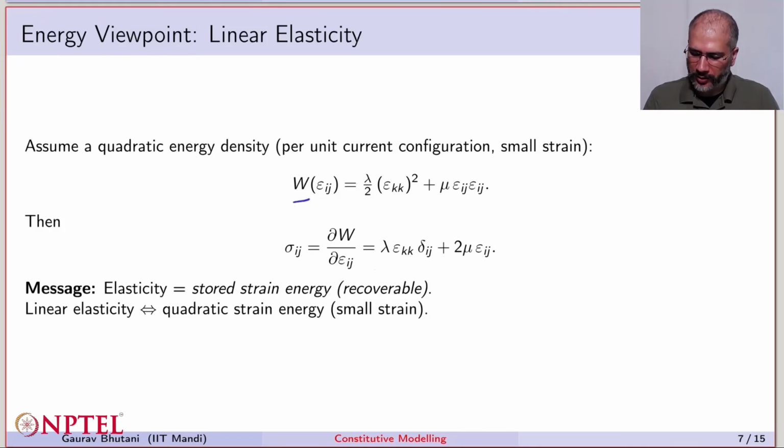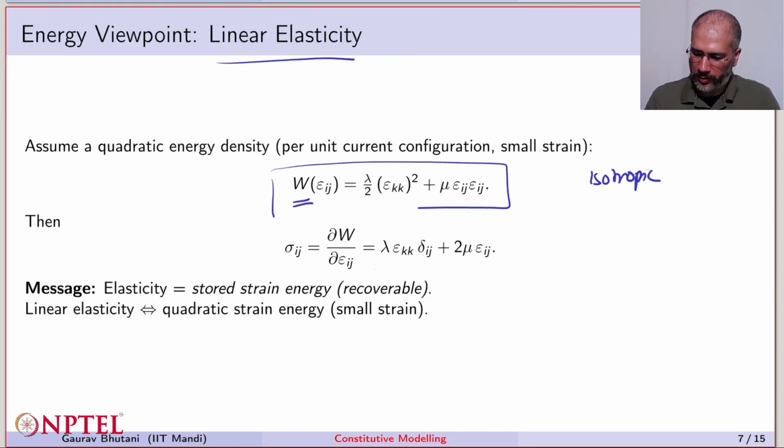This energy density function W exists or may exist for a general elastic material, but for a linear elastic material that is also isotropic, it takes this special form which is quadratic in nature because you have products of epsilons in the terms.